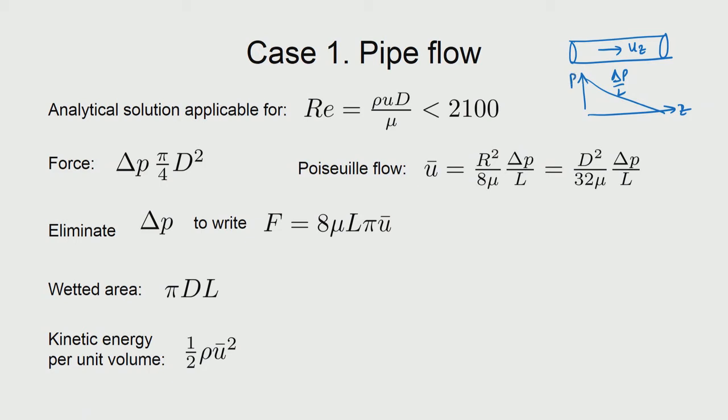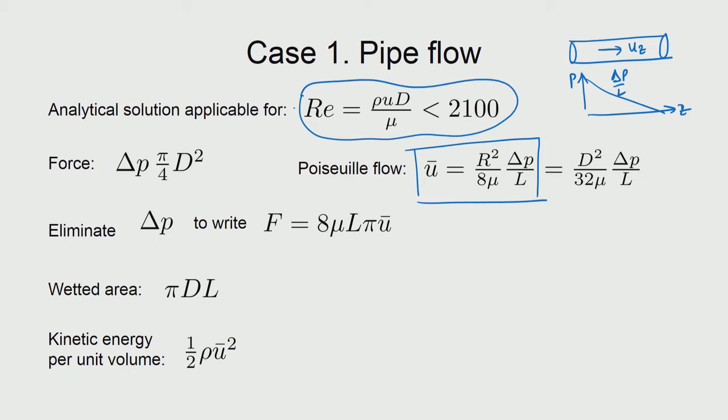And you see that such a flow is already modeled by us, and here is the result for the average velocity. The velocity expression itself is parabolic, that we have already come across, and we have seen that this kind of result is applicable when the Reynolds number is less than 2100.